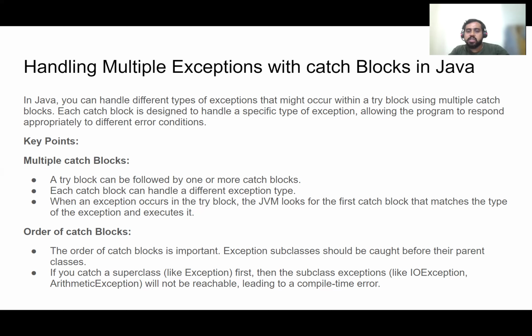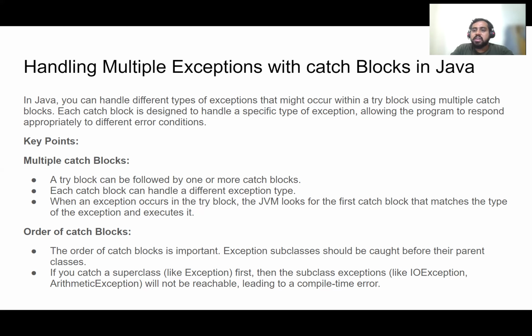Suppose in the catch blocks I write the parent catch block directly at the beginning. Any type of exception that comes, the JVM will check and it will match with the parent class, which can anyway catch child class objects. So automatically it will match because Exception is the parent class.